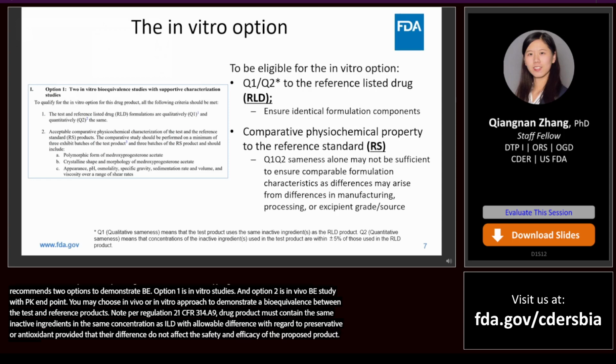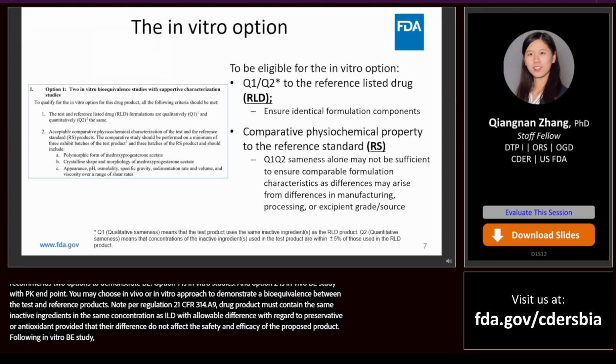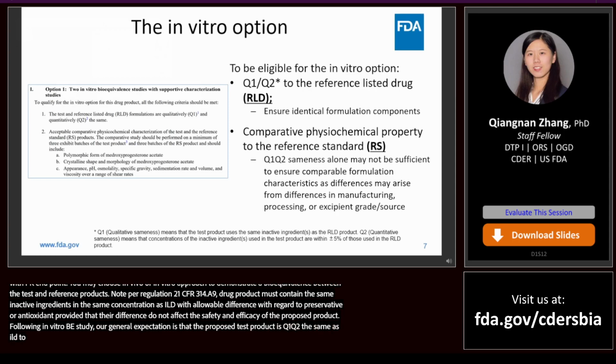Following in vitro BE study, our general expectation is that the proposed test product is Q1, Q2 the same as the RLD to ensure the identical formulation components to begin with.